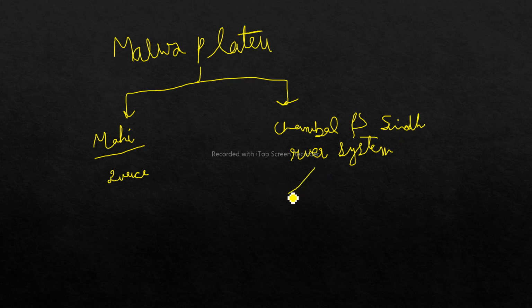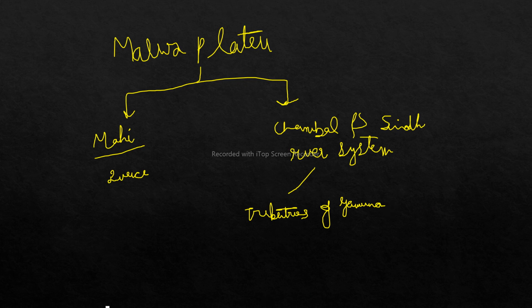These two are basically the tributaries of Yamuna, as we all know. Okay, tributaries of Yamuna, and these are draining into the Malwa Plateau.